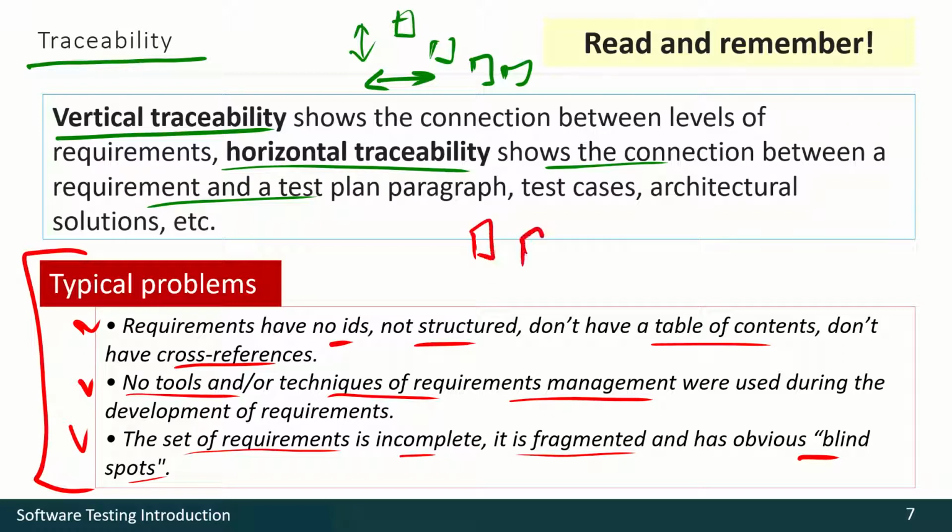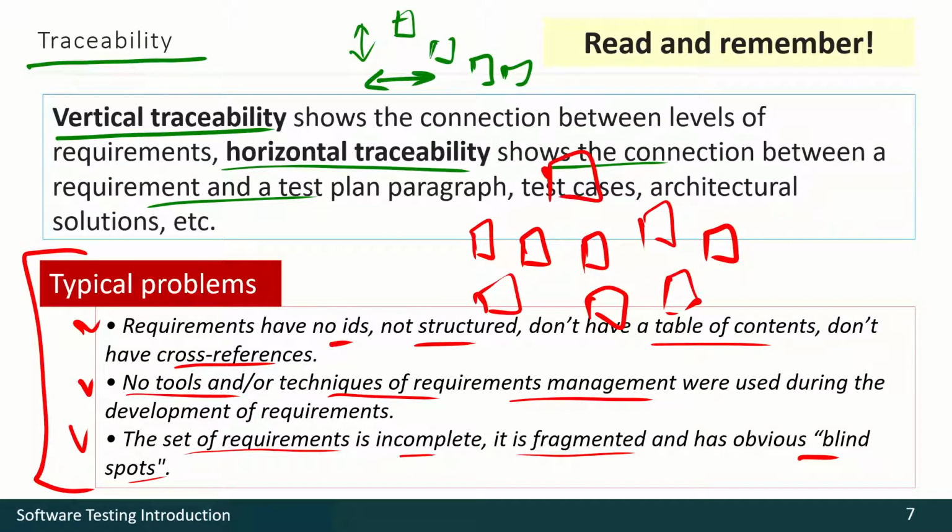Once again, imagine that we have several requirements sets, several documents, something like that. Of course, there will be cross-references, links in a good situation, that something depends on something. If I am here, how can I get there, and so on.